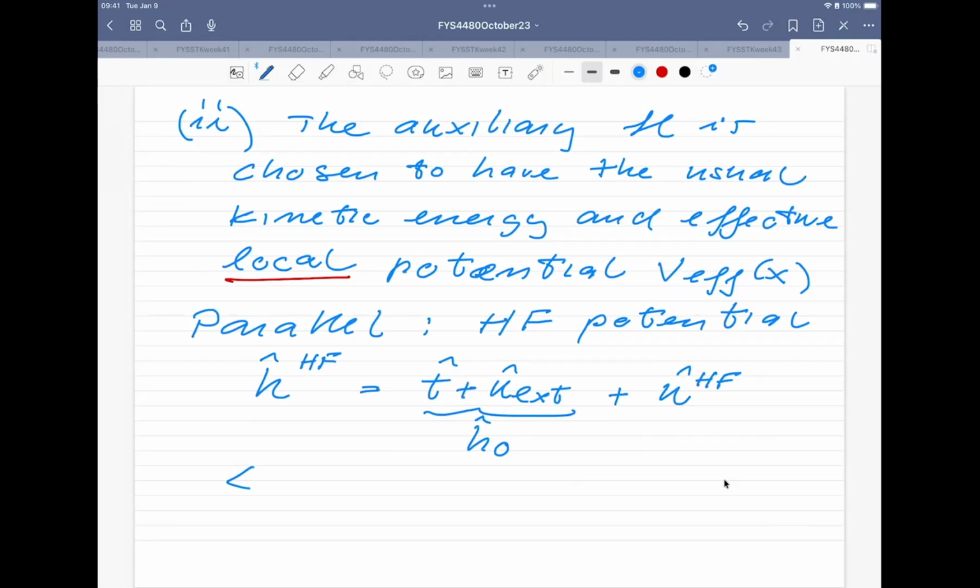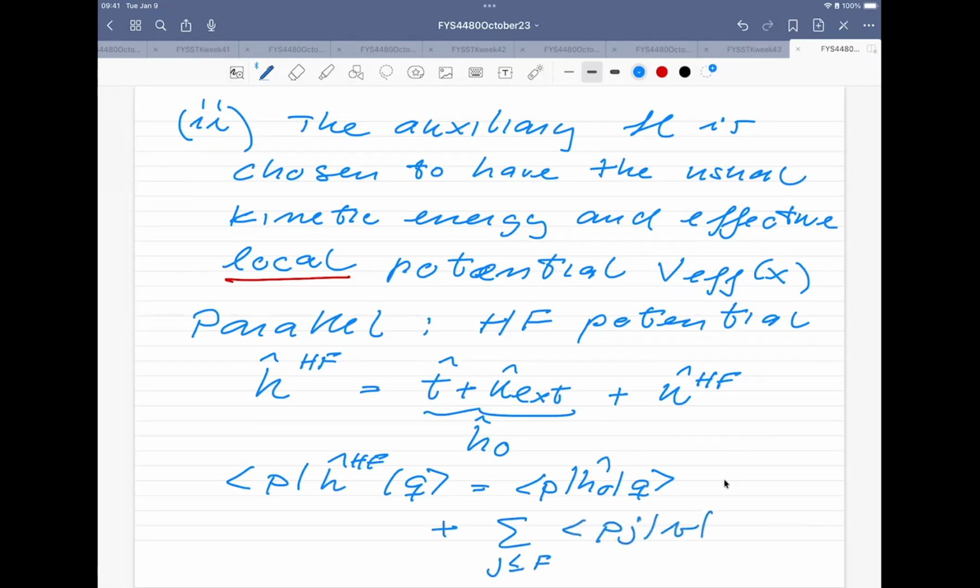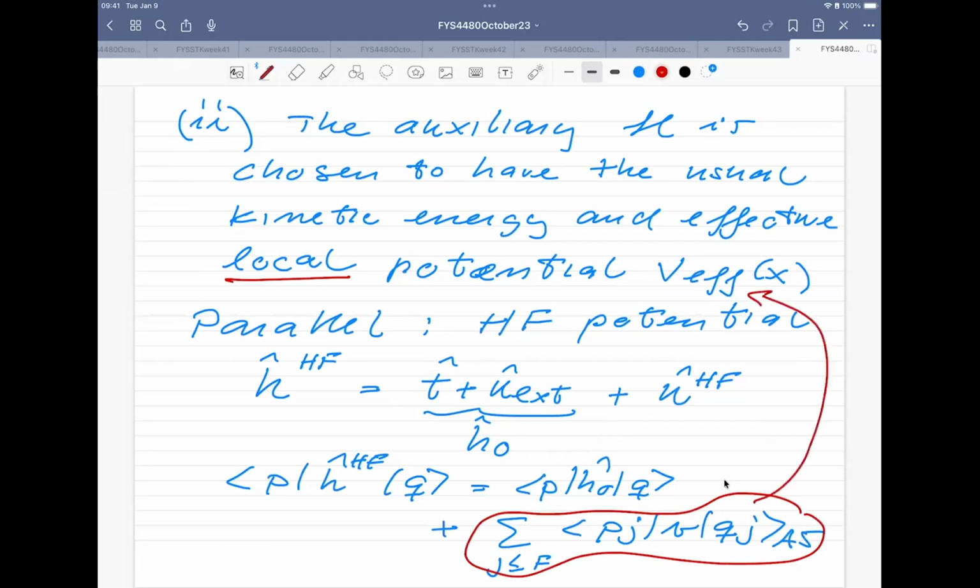And when we calculated the overlaps here between two single particle states, that will be given by P of H0 of Q plus the Hartree-Fock potential, which then had a summation over states below the Fermi level. And then I have my P, my J, my V, and then I have my state Q and J anti-symmetrized.